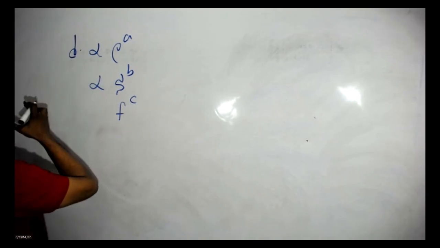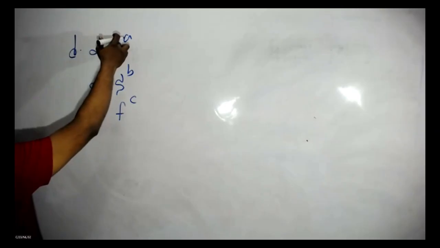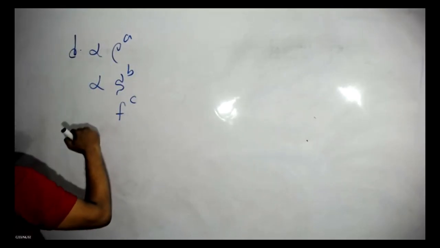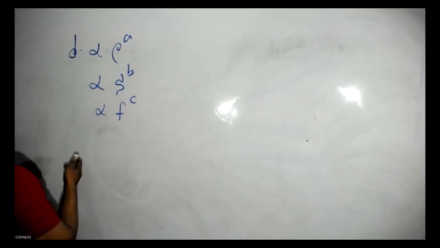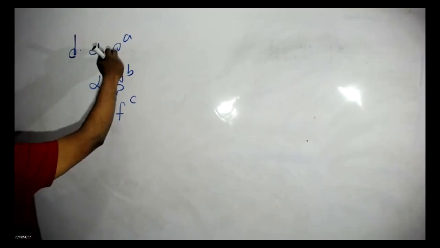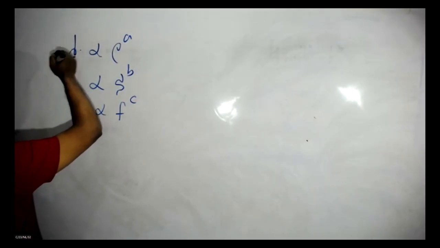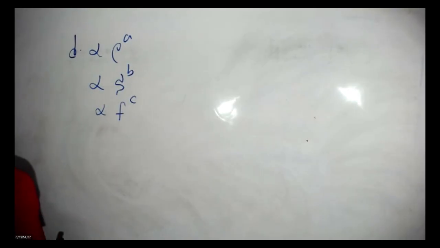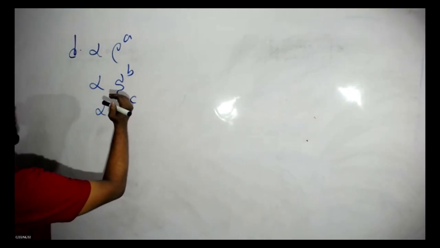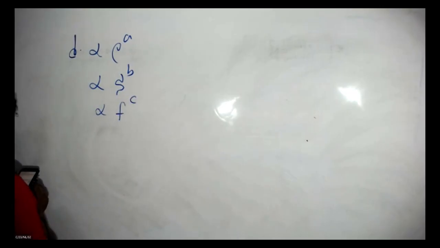Then you can assume that d depends on rho density, s intensity, and frequency of light f. d is directly proportional to rho to the power a, to s to the power b, and to f to the power c.